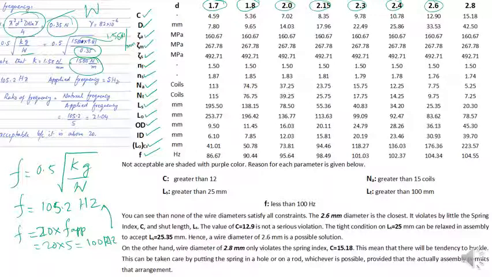So first let me look at the condition. My first condition is that I am going to have the C greater than 12. So now I will change this to red color. So C greater than 12 means, let's look at it where my C is greater than 12.